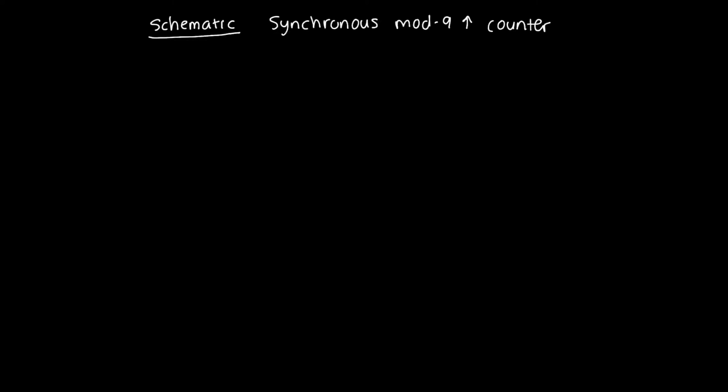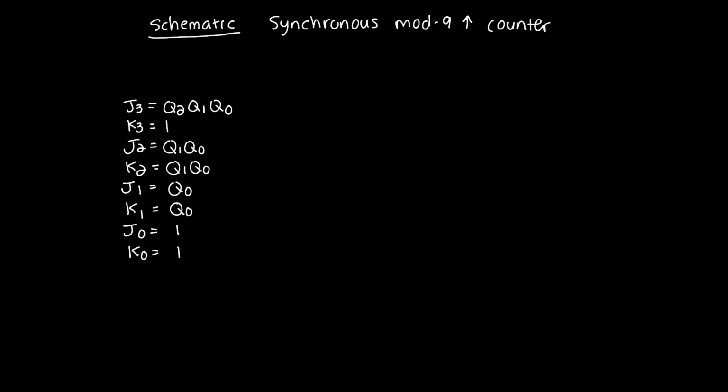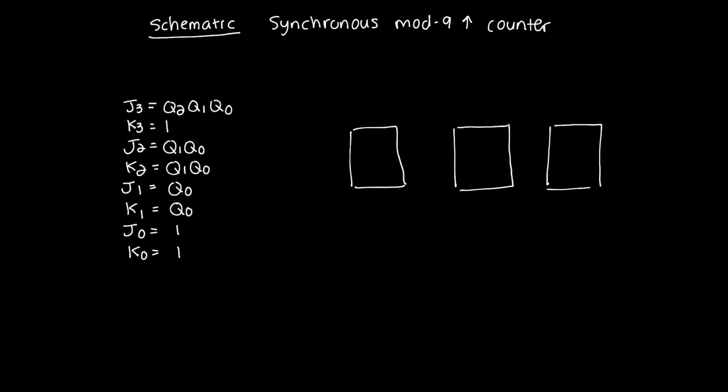I'm going to draw the schematic just to show you, but let's bring our Boolean expressions in. I need 4 flip-flops. Why 4? I need 1 per bit. I'll say that the leftmost flip-flop corresponds to Q3 and the rightmost corresponds to Q0.